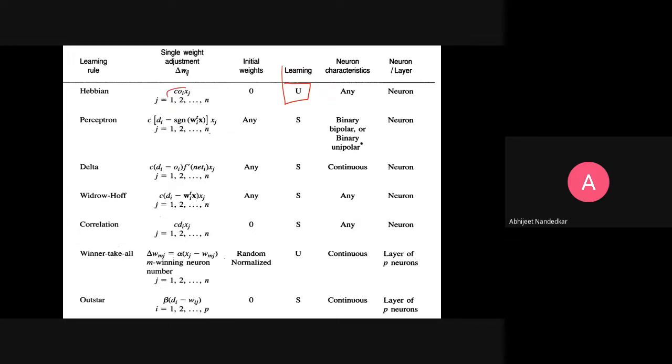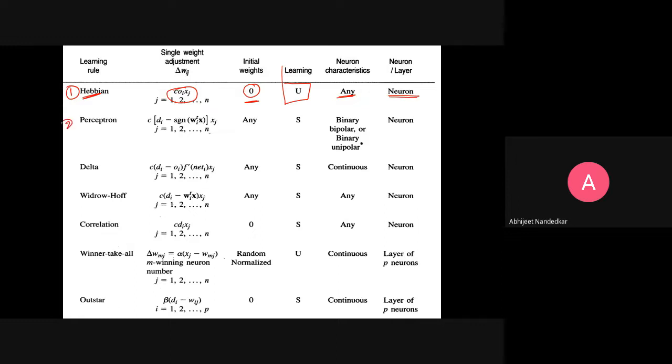The rule is C O X, and we need to have initial weights around 0. That is the requirement of the Hebbian learning rule. You can have any characteristic function as the activation function for this Hebbian neuron. This is applied to only a neuron, not a layer. Basically it is designed for a neuron.